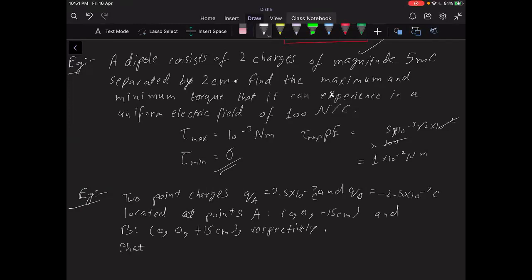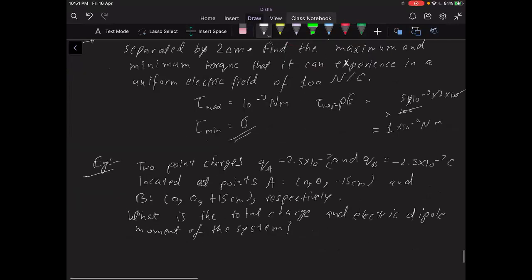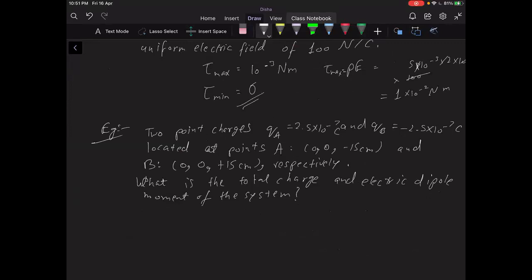What is the total charge and electric dipole moment of the system? Okay, easy peasy. Easy question.